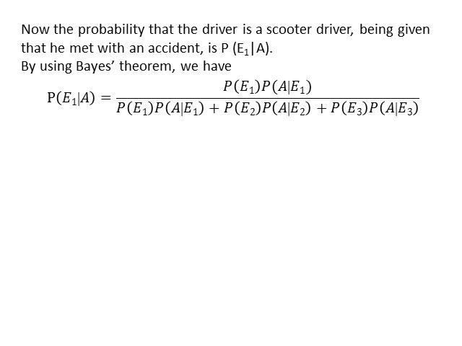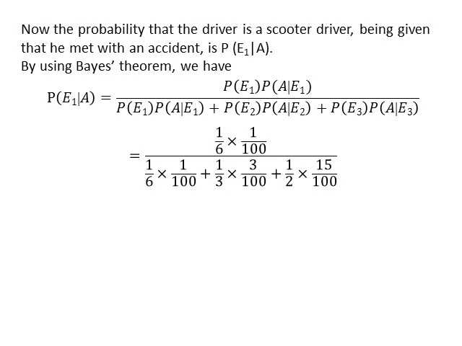Now the probability that the driver is a scooter driver, given that he met with an accident, is P(E1 given A). By using Bayes theorem, we have P(E1 given A) equals P(E1) multiplied by P(A given E1), divided by P(E1) multiplied by P(A given E1) plus P(E2) multiplied by P(A given E2) plus P(E3) multiplied by P(A given E3).